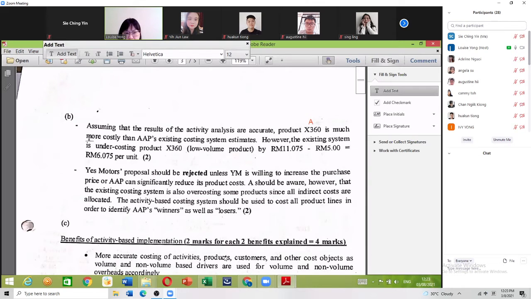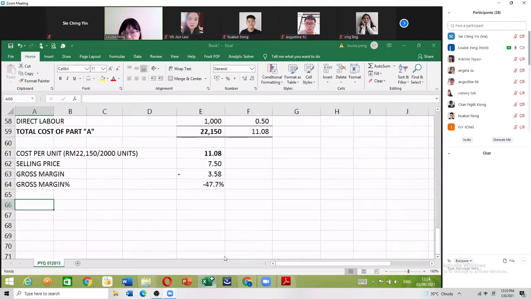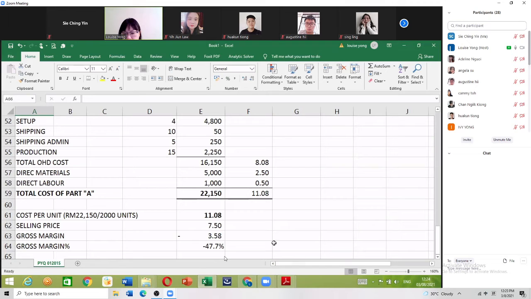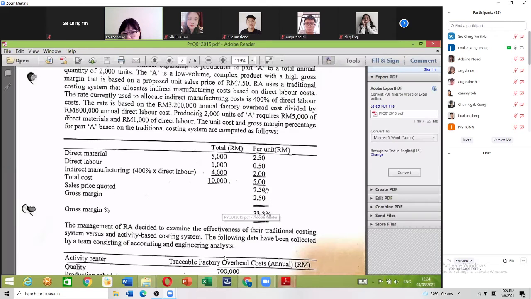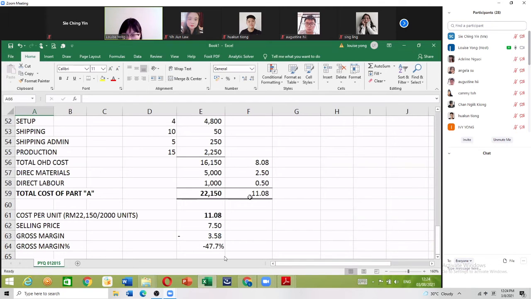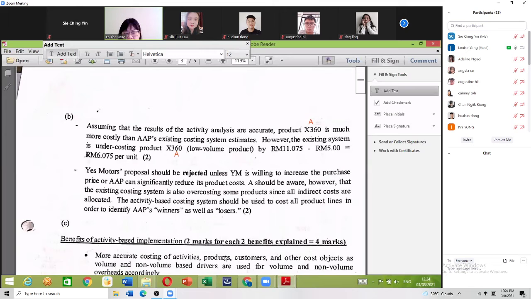Your product A is much more costly than your existing traditional costing system, because the existing system is under costing by $6.75 per unit. Okay? How do you know it is under by about $6? This is $11.08, but for the existing system, your cost is $5. So $11 minus $5 is a difference of about $6, so a difference of $6.75. So for activity based costing, your traditional costing will be under costing by $6.75.